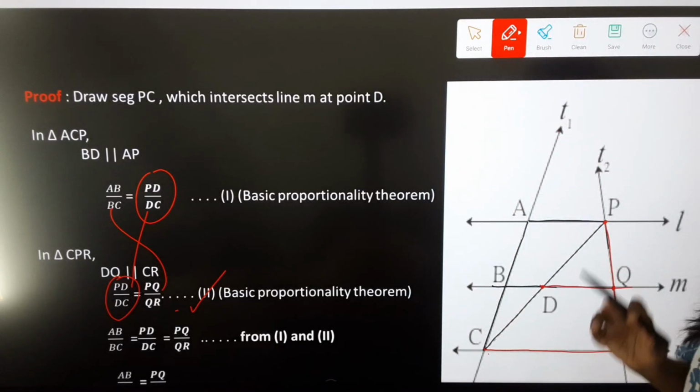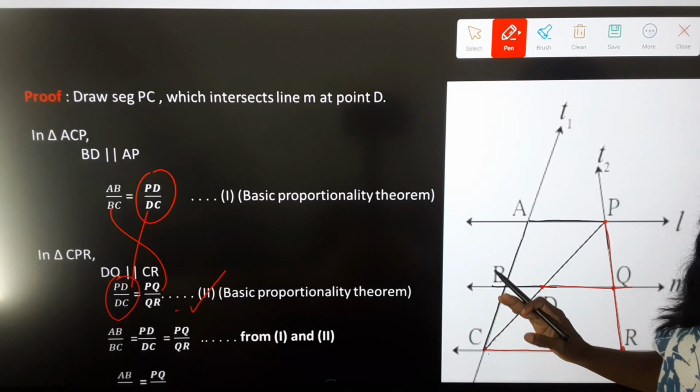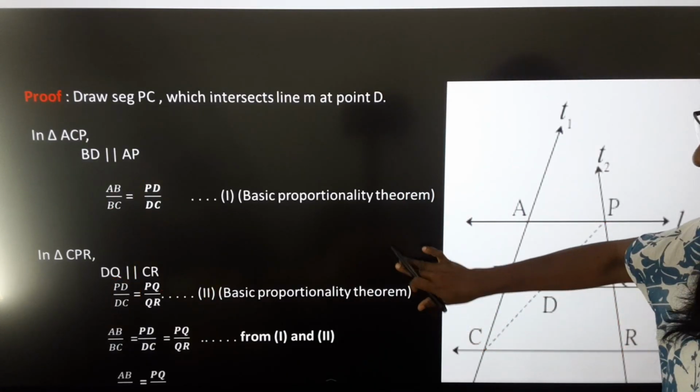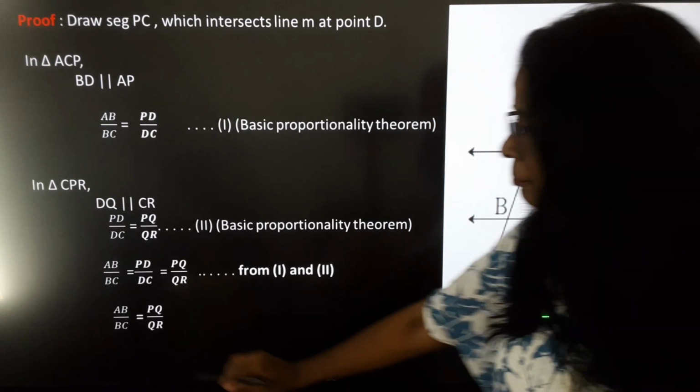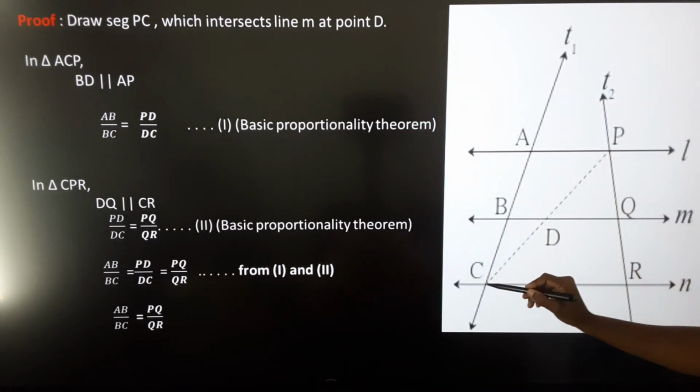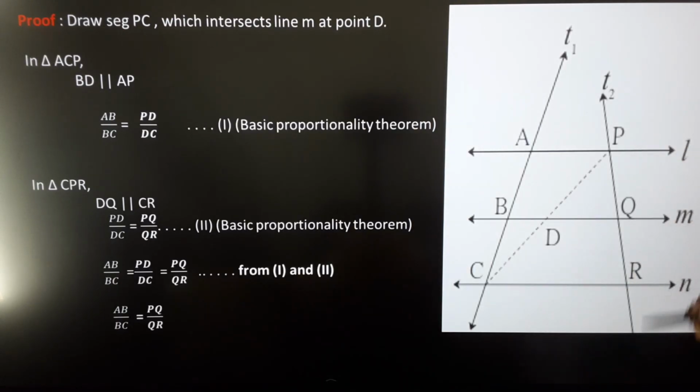From these equations we concluded that AB upon BC is equal to PQ upon QR. See here, AB upon BC is equal to PQ upon QR. Okay.